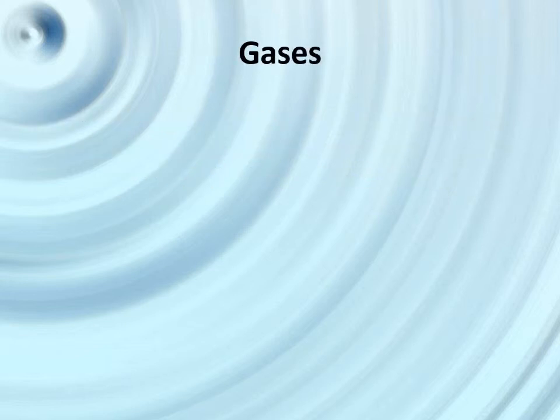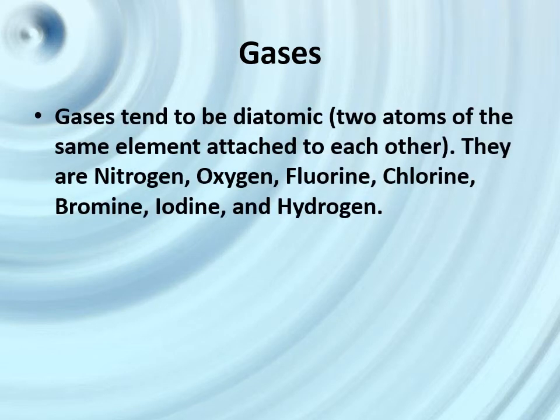And we mentioned that most of the nonmetals are gases. Gases tend to be diatomic, or two atoms of the same element attached to each other when they are in the natural state. They don't like to be by themselves. These seven are nitrogen, oxygen, fluorine, chlorine, bromine, iodine, and hydrogen.